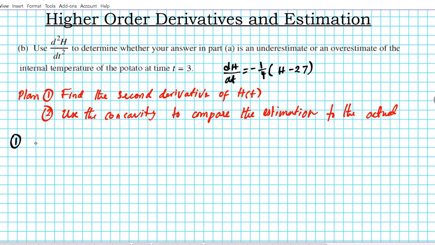First part, we're going to find the second derivative of h with respect to t, d squared h dt squared. We're going to be starting from dh/dt. Whenever you're differentiating, you always want to pay attention to what you are differentiating with respect to. If only the independent variable is on the right side, you don't have to bother too much.